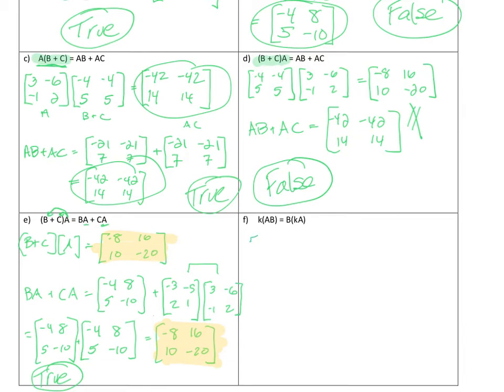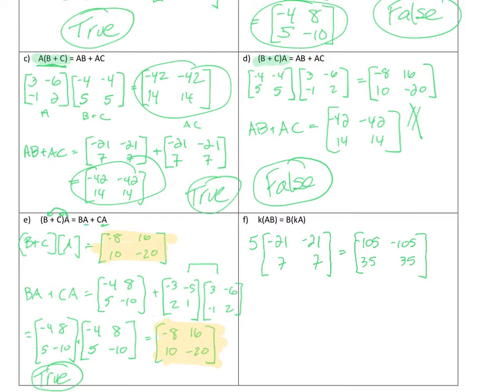So I'm going to do 5 times -21, -21, 7, 7. Okay, so 21 times 5 is 105, -105, -105. 7 times 5 is 35. All right, so that's K times AB.